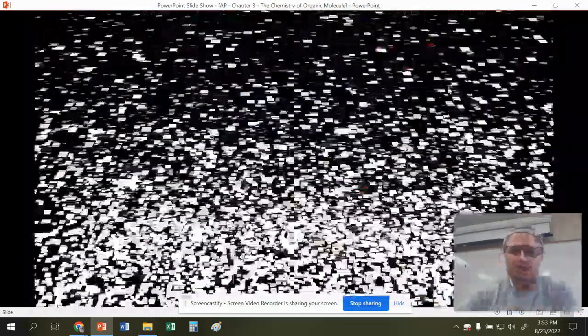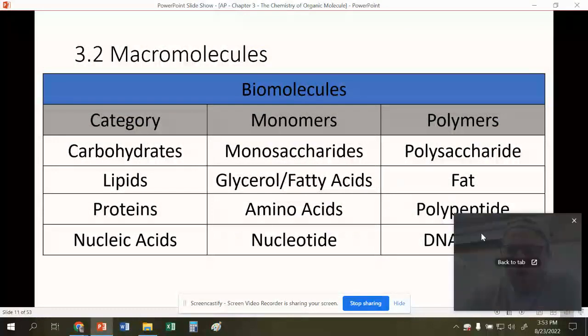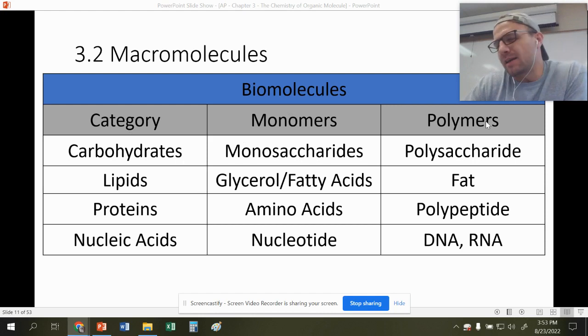All right, so let me go back here. So we're going to be learning about the four macromolecules next, and these four macromolecules are carbohydrates, lipids, proteins, and nucleic acids. Now, each one of these macromolecules has a monomer, and then examples of different polymers. So the monomer for carbohydrates are monosaccharides or sugars. And there are a bunch of different polysaccharides, which we'll get into later on.